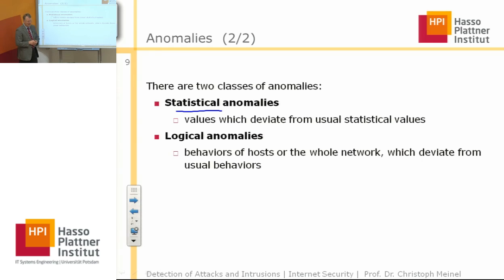For logical anomalies, the behavior of hosts or of the whole network deviates from the usual behavior. For example, if there is a try to break into a system, there are many login attempts. If there is an unusual number of such login attempts in a very short time, this is a logical anomaly, and this gives information to the intrusion detection to raise some action.